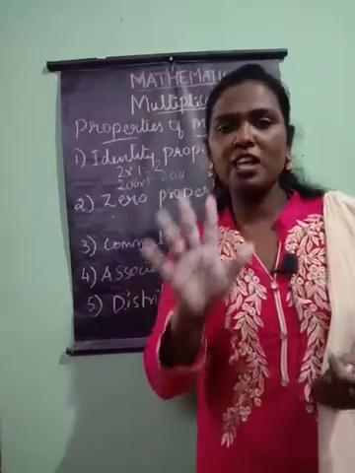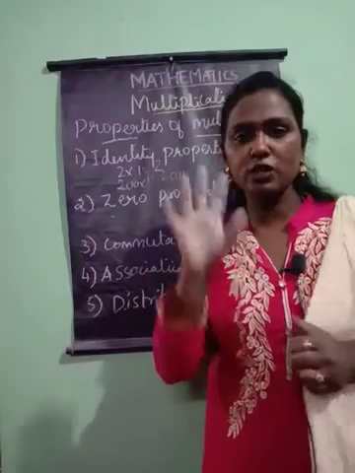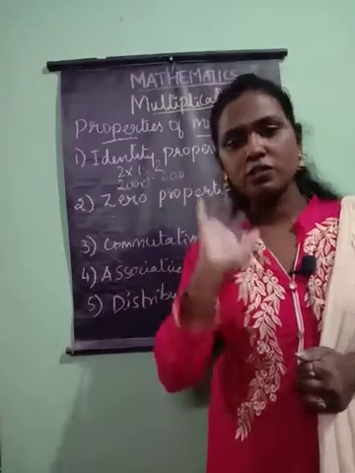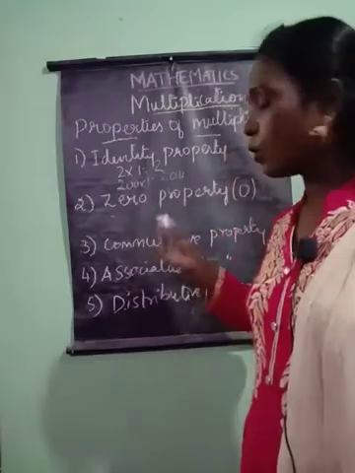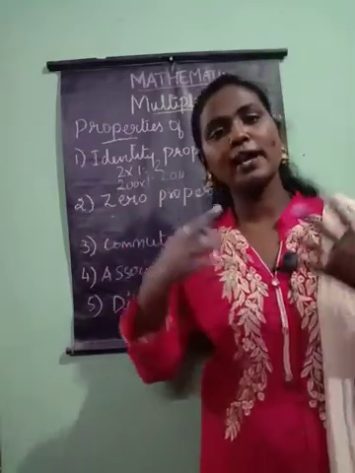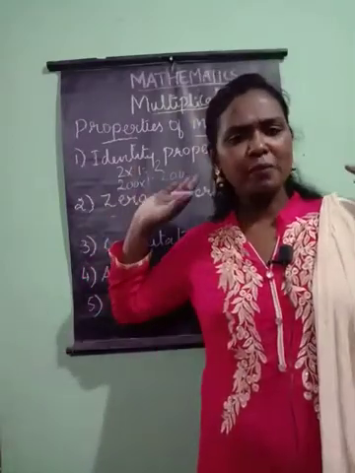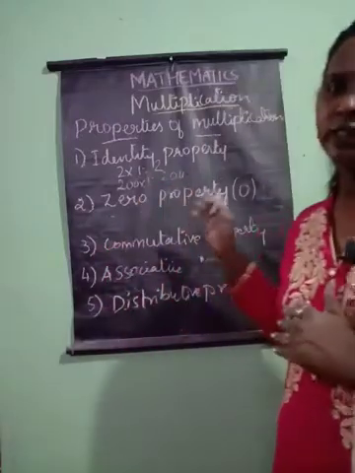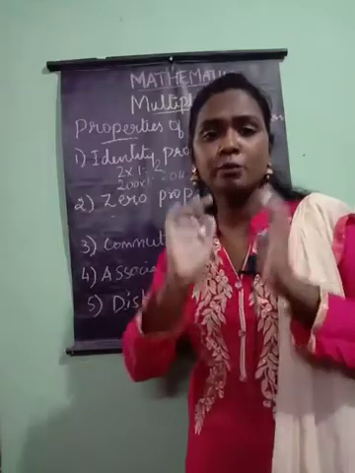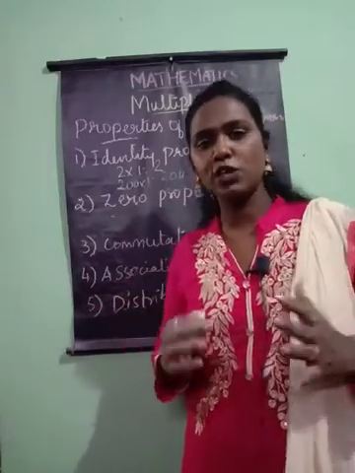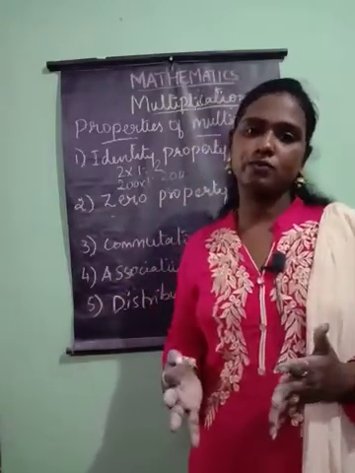Listen, 5 plus 0 is 5, 5 minus 0 is 5, but 5 into 0 is 0. Or 1000 into 0 is 0, 1 lakh into 0 is 0. If you multiply any big number by 0, the answer is 0. The zero property explains to us that if you multiply any number by 0, the answer is 0.